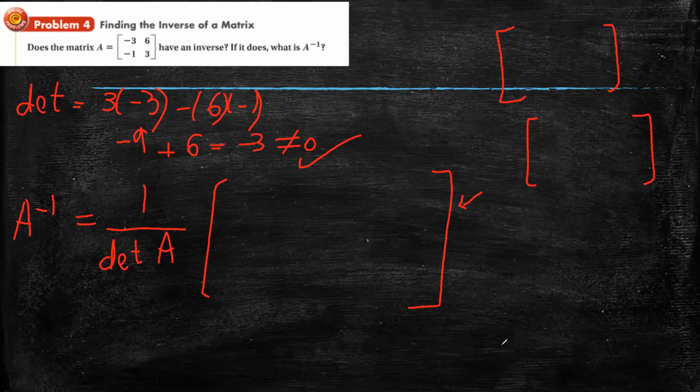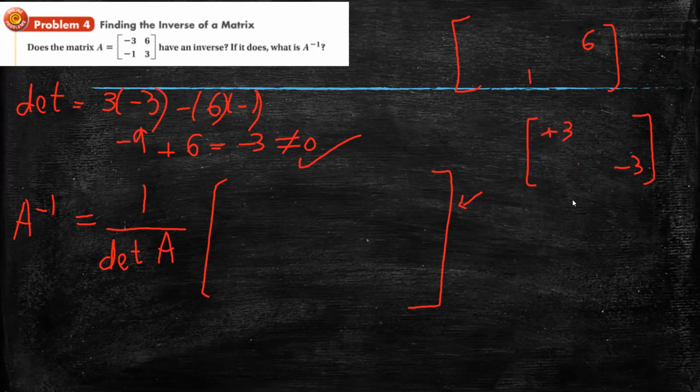So look here. Let's repeat it first, please. Here I have 3 and negative 3. I will change the order. I will put the negative 3 down and the positive 3 up.